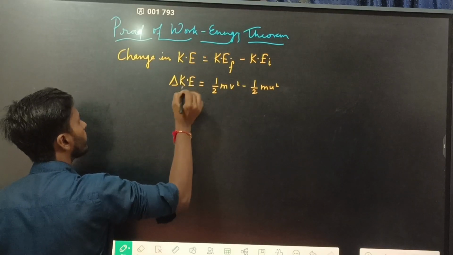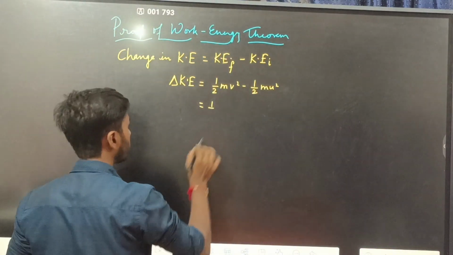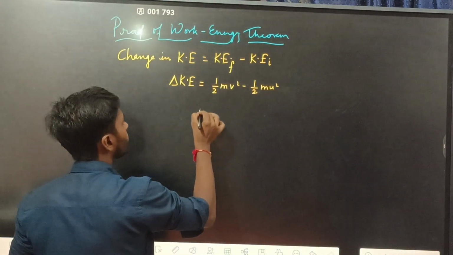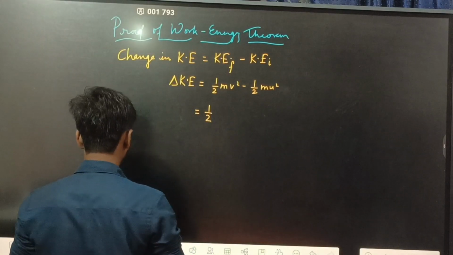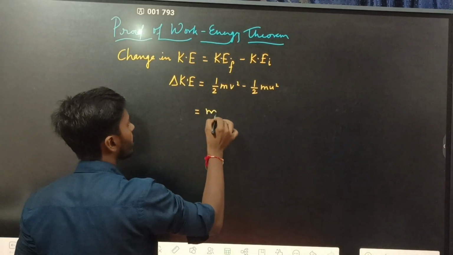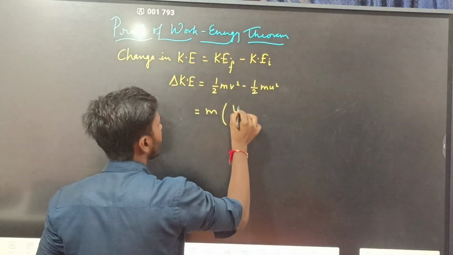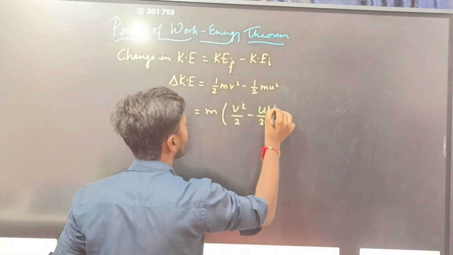Alright, now let's take half as a common, and not half as a common, we will take mass as a common. Okay, take mass common, then v square by 2 minus u square by 2.